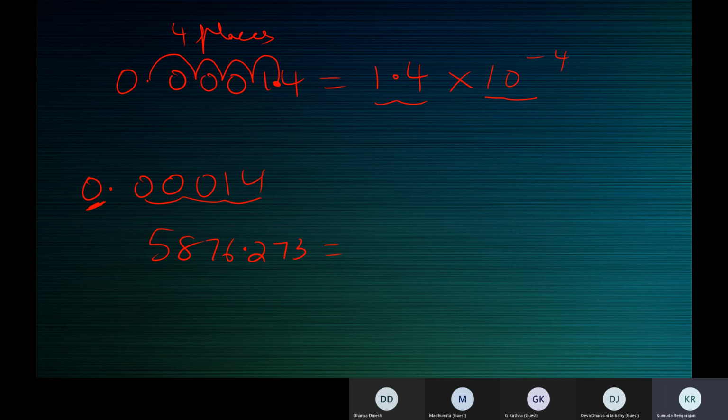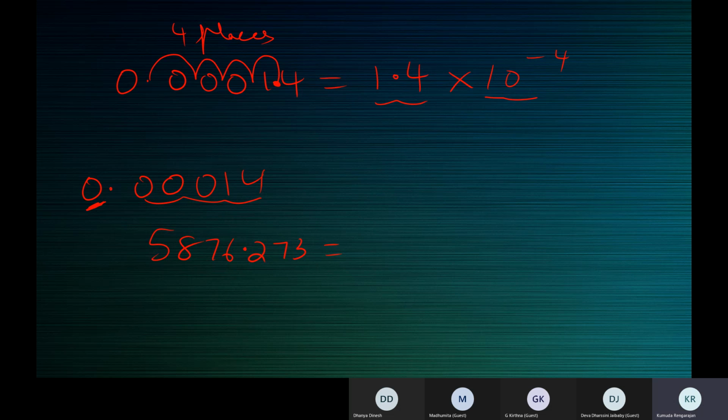Now this expression is in the usual form. You have to bring it to the standard form, or write it in the scientific notation. 5876.273. Am I audible and clear, children? Yes, ma'am.